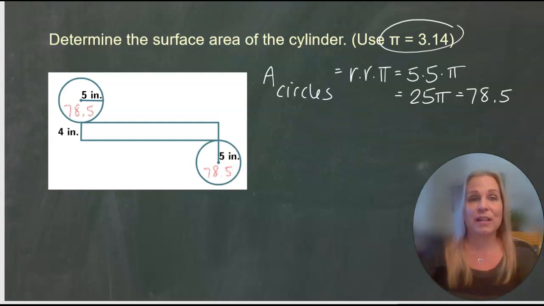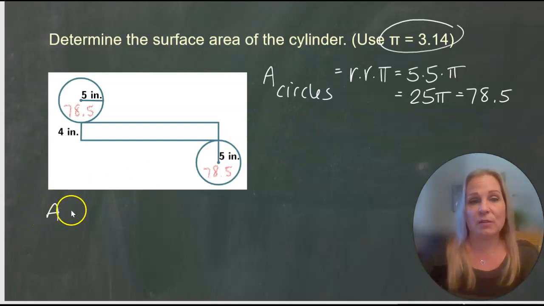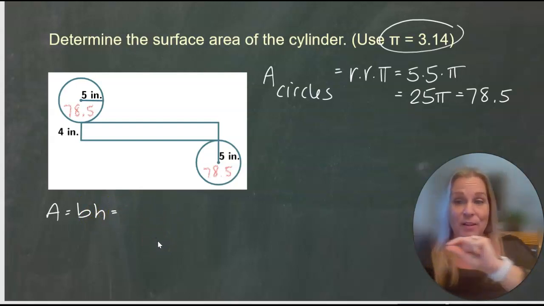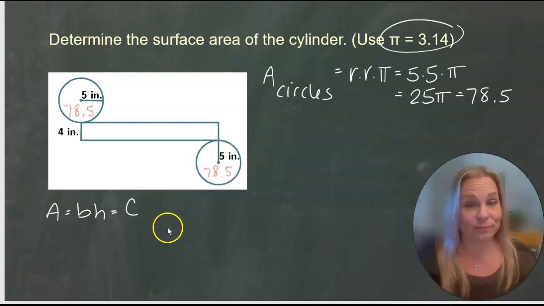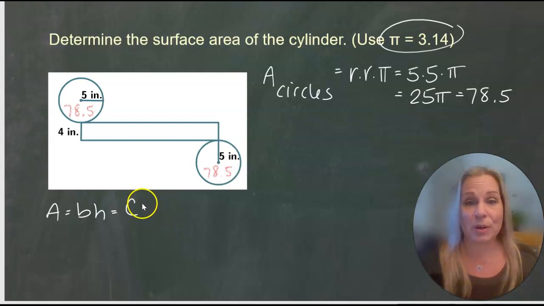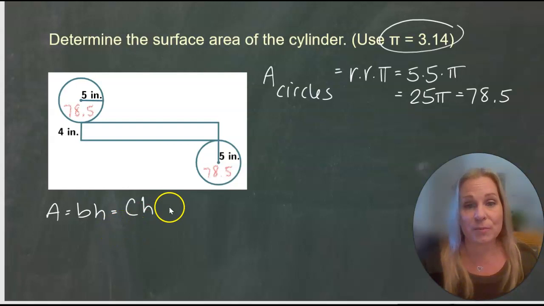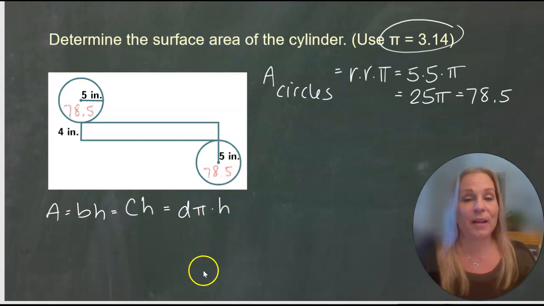All right, now let's find the area of that rectangle. We know that area of a rectangle is base times height, but in this problem, the base of our rectangle is the circumference of our circle, right? So we're going to do circumference times height of the cylinder. Our circumference is diameter times pi, and then we'll multiply that by the height.